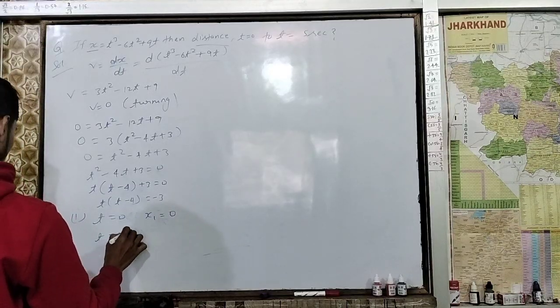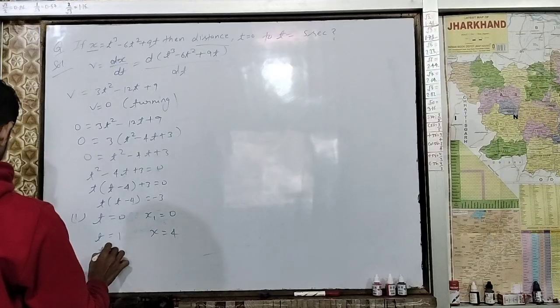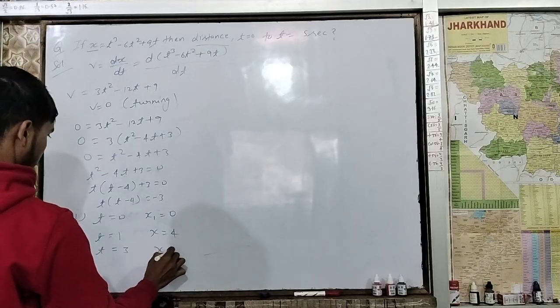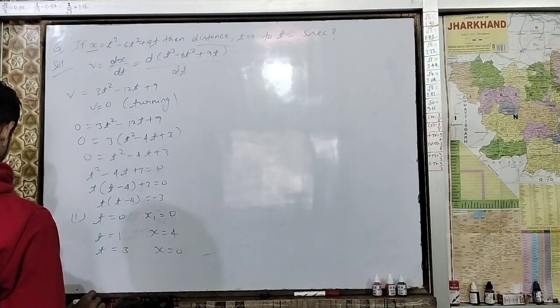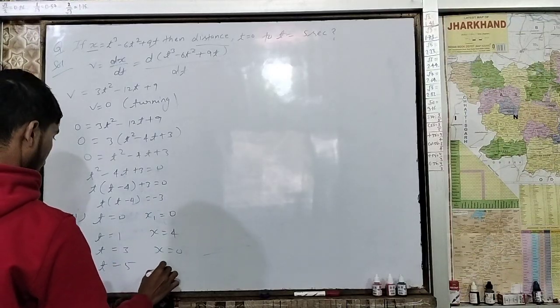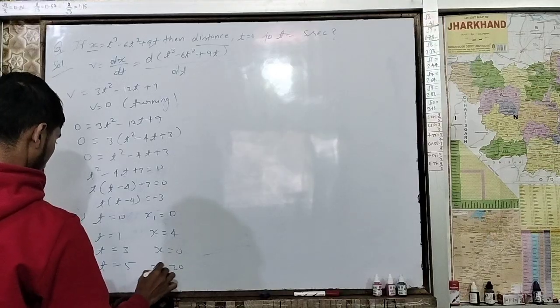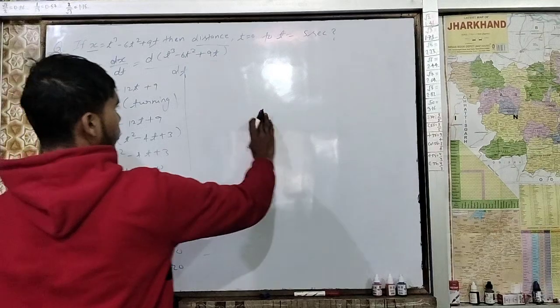At 1 second, x is 4. At 3 second, x is 0. At 5 second, x is 20. X is 20. Now we are going to draw a line.